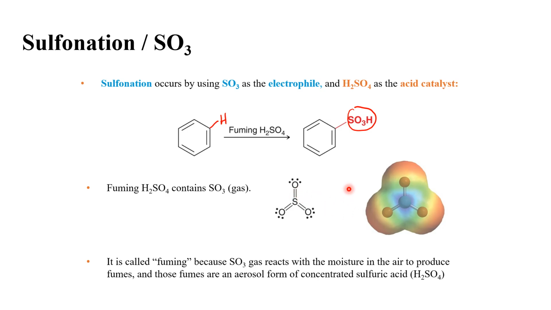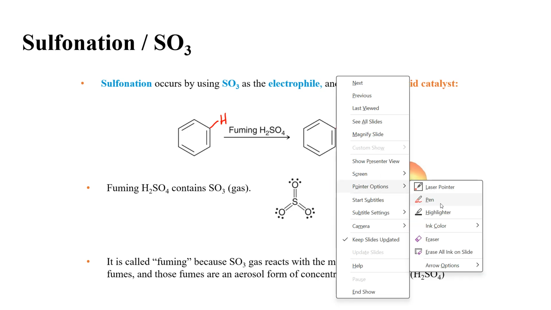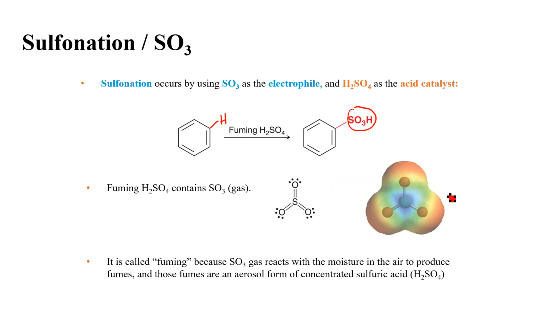And you're probably wondering why. Why is it electron poor? Well, for one, you guys know that oxygen is more electronegative than sulfur. So if you draw dipole arrows, the electrons are more towards the oxygen, making these oxygens partial negative, and the sulfur partial positive, right?